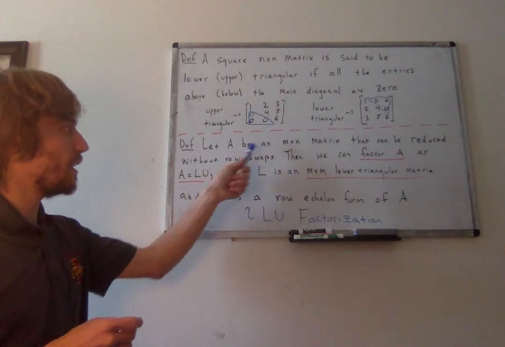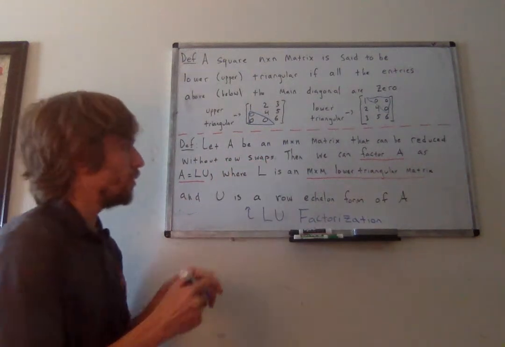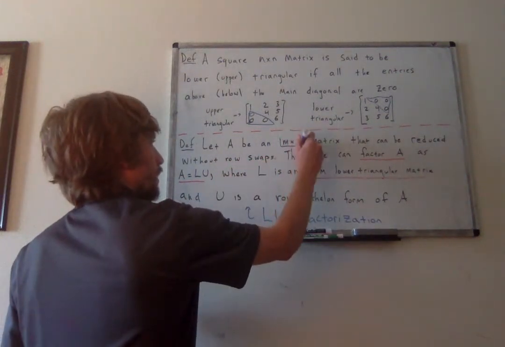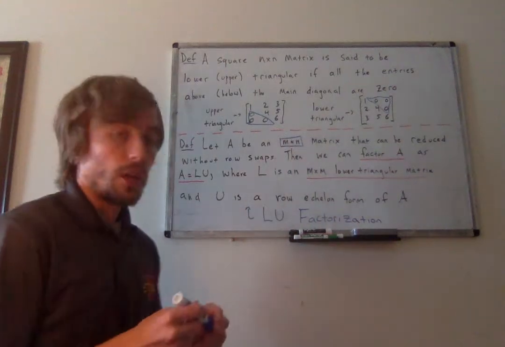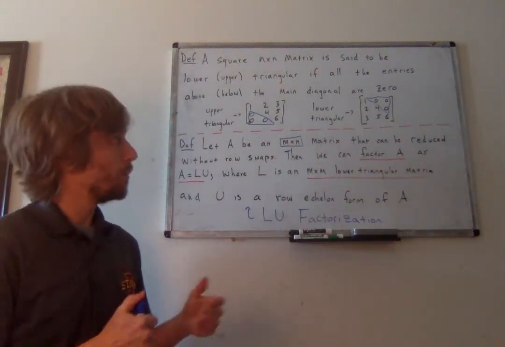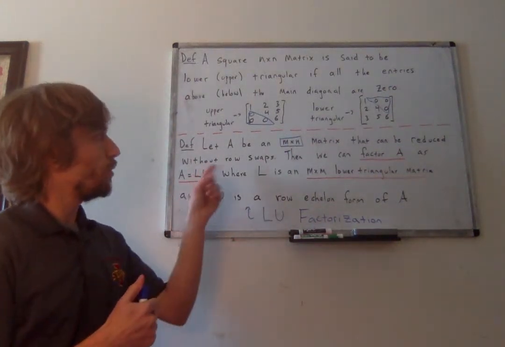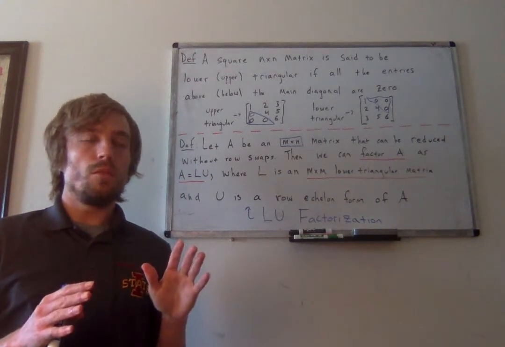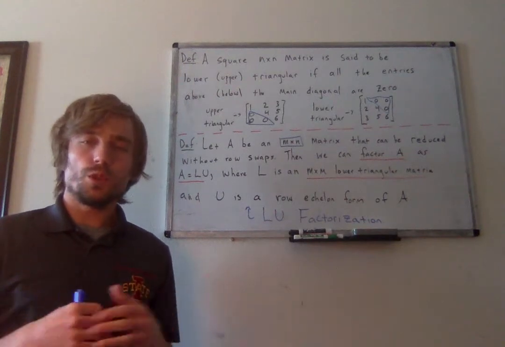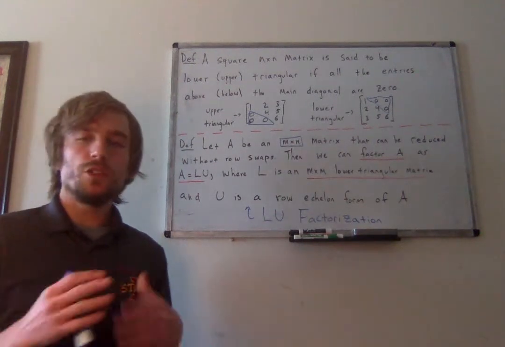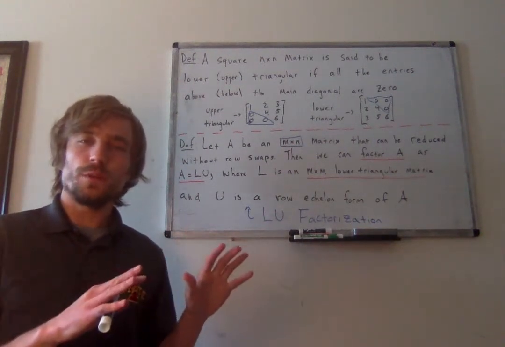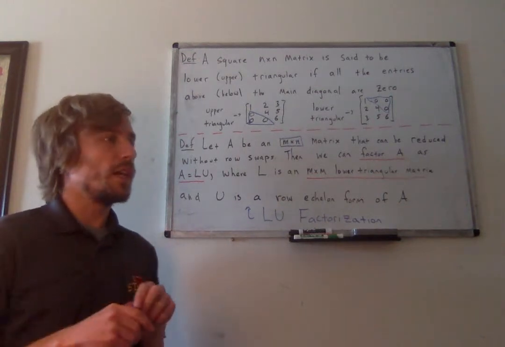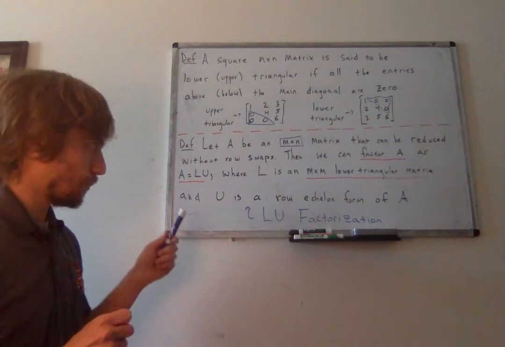So given these two definitions, we're going to introduce our matrix factorization for this chapter. So we say that if A is an m by n matrix, and so notice here in particular, this factorization does not require A to be a square matrix. And suppose we can reduce A without row swaps. So a lot of matrices do require some row swaps to reduce, but we're going to introduce sort of this idea without row swaps first, and then we will generalize it at another point.